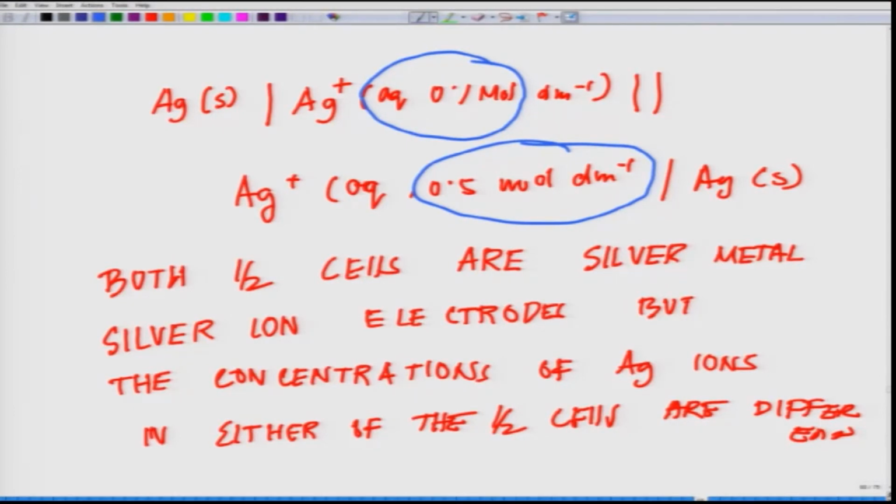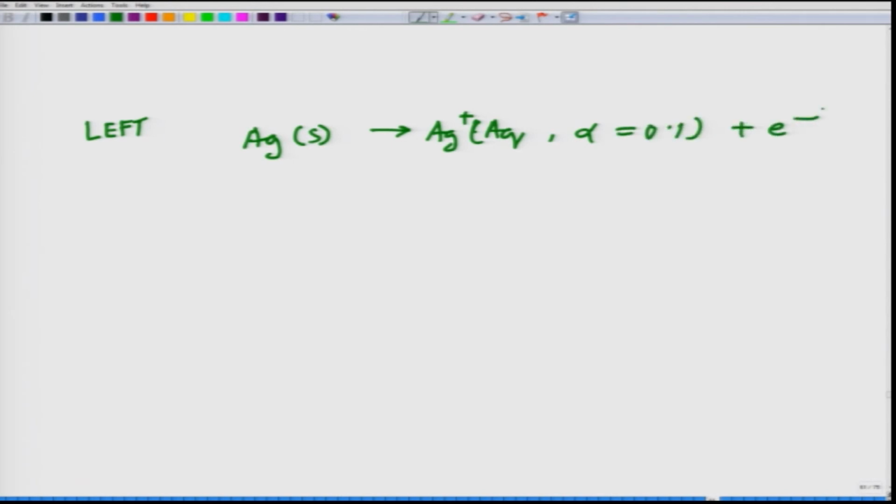Now, as we always say, we first have to understand the reactions happening at the left and the right hand side. On the left hand side, the reaction is Ag solid giving Ag plus aqueous, 0.1, plus an electron.